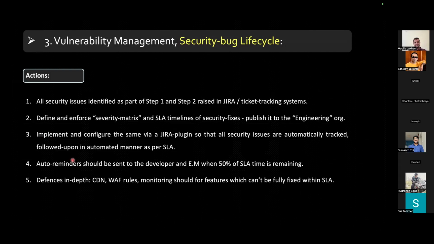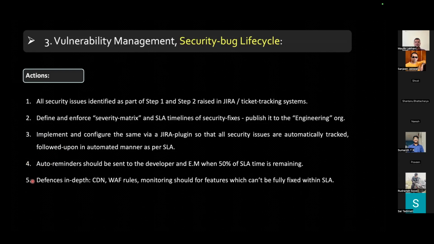If it reaches 50% SLA, for example, it was supposed to be fixed in a month, now 15 days are already gone and only 15 days remaining, then whoever that ticket is assigned to, an automated email is sent to that person saying that hey, 50% SLA is gone, only 50% is remaining. Please speak to AppSec if you need any help.